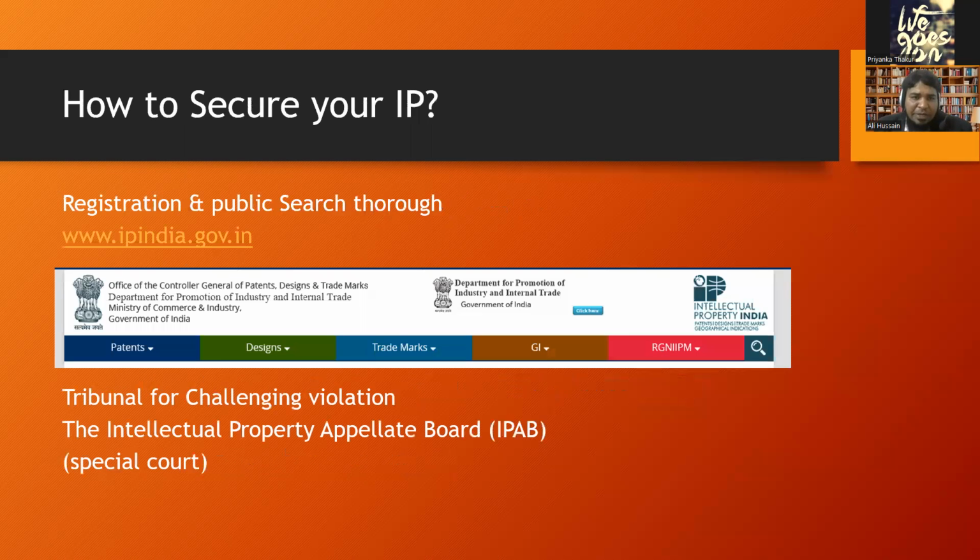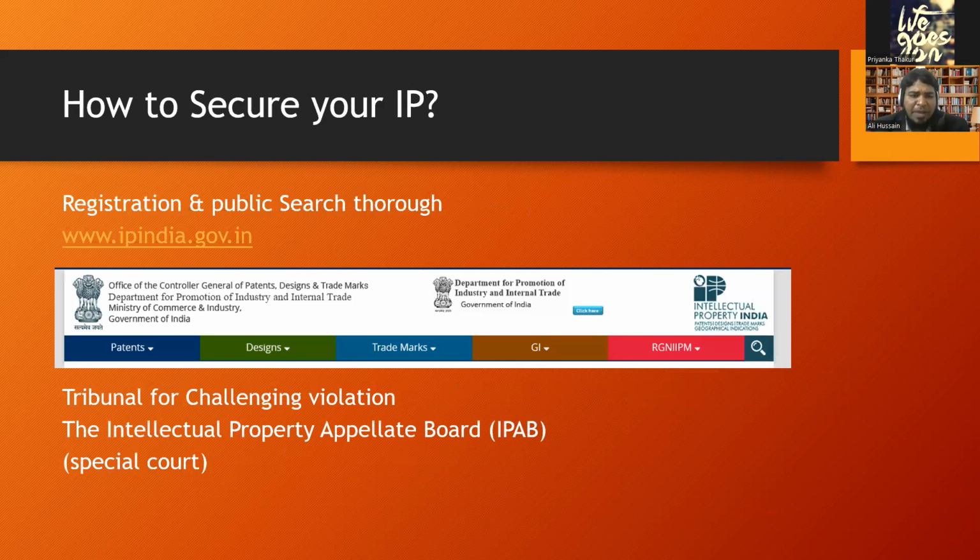Next, we talk about how to secure patents in India. What are the methods of securing a patent in India? How important is a patent? What is the procedure of patents? How to register a patent, how to stop infringement of patents, and how to challenge the patents if there is a violation.